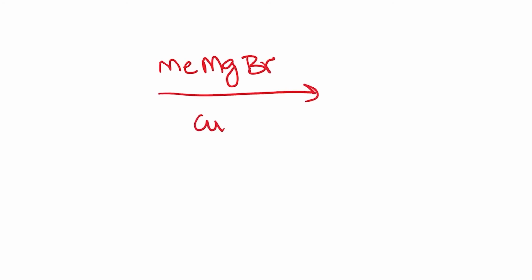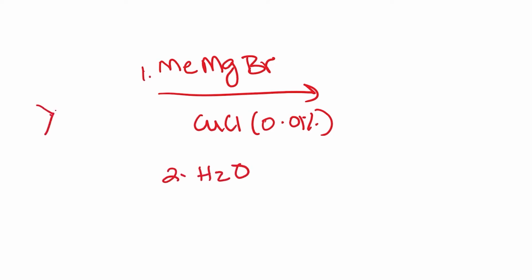Okay, now coming to the last aspect of conjugate additions. If you recall the first example that I had given you, we had the addition of methyl magnesium bromide, and in the presence of copper chloride at really low concentrations, 0.01%, and that was step number 1, and step number 2 was water, and this gave you the conjugate addition product.